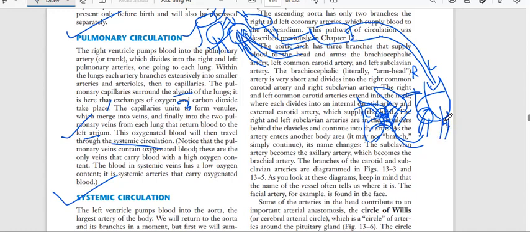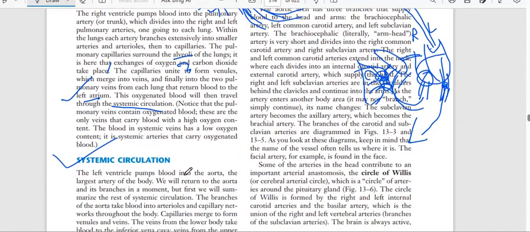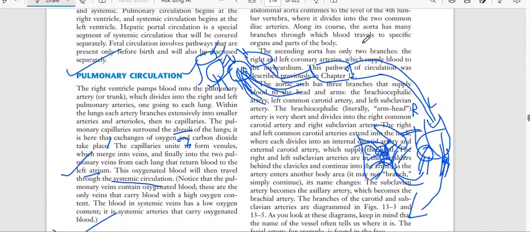Here the aortic wall opens when the contraction happens, so blood goes to the systemic circulation. This is the thing we have to remember. This is the pulmonary circulation, because here the lungs are attached to the heart. So basically the first type of circulation in the body is pulmonary circulation.